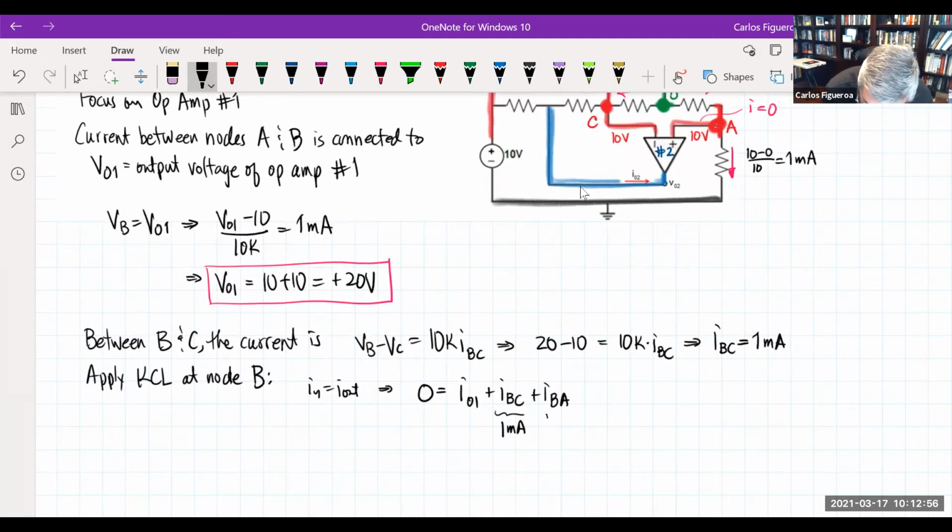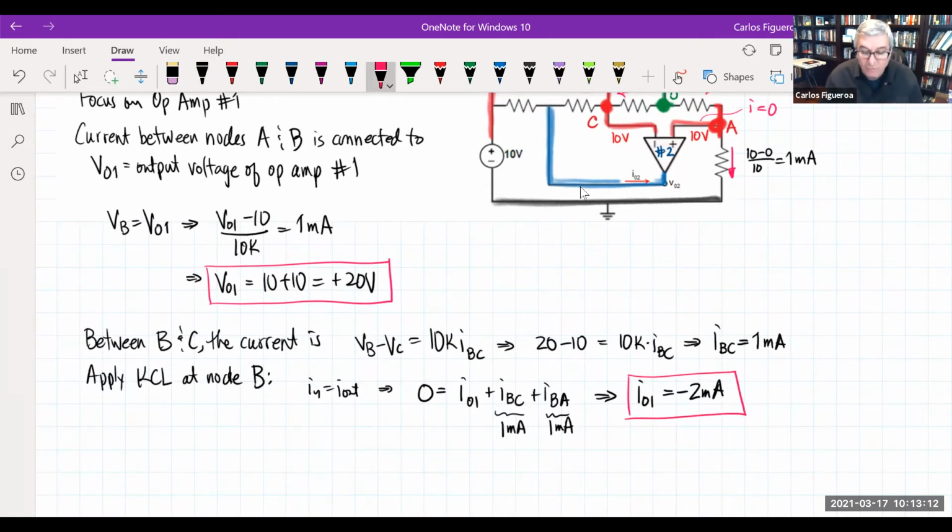We already said that the current between BA is 1 milliamp. So this implies that the current going into the op amp is then going to be minus 2 milliamps. So I now have the voltage and current for op amp number 1. So then my goal here is to go back and look.